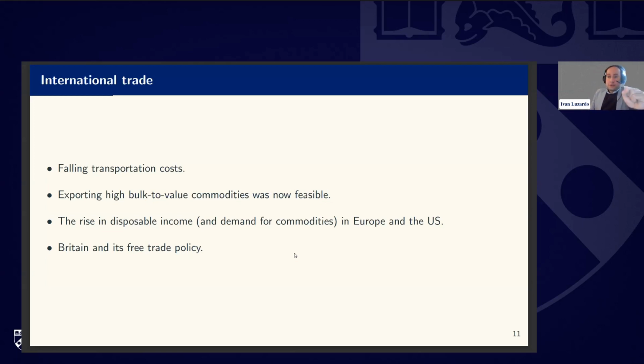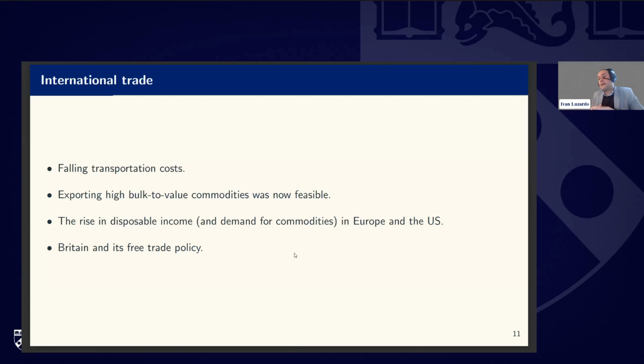So falling transportation costs are essential to understand this increase in international trade at the global level. Also, there was an increase in the demand for commodities as a result of the increase in income in the core economy.